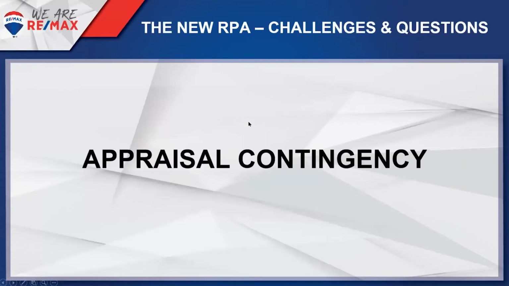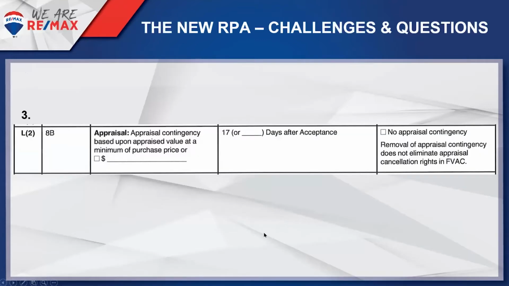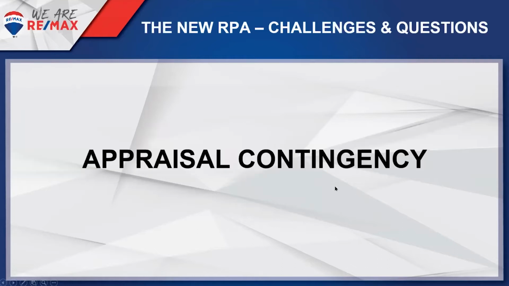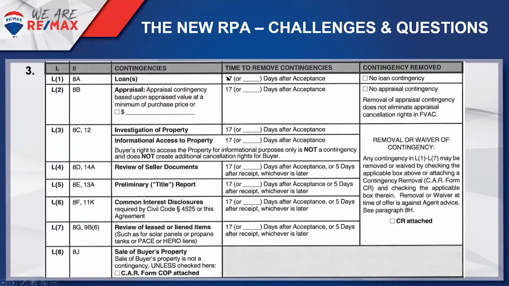But I am going to talk about the appraisal contingency. There's a few features of the appraisal contingency that I still get quite a few questions on. And so I want to be sure that everybody has the benefit of maybe an overall discussion of the appraisal contingency. Now, first thing I want to point out, I forgot to, let me go back. Notice that the contingencies are all boilerplate 17 days.